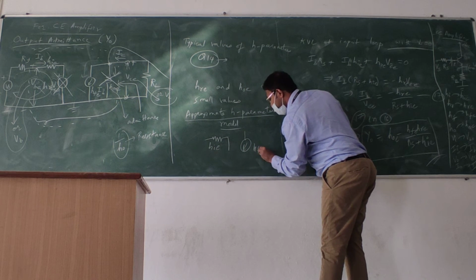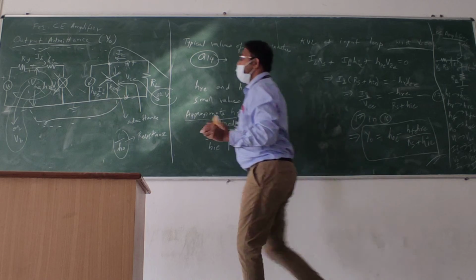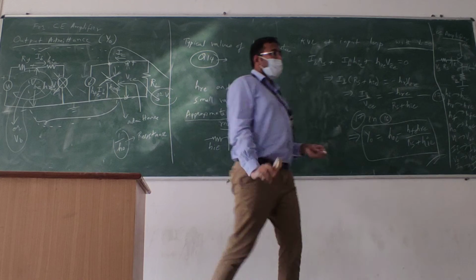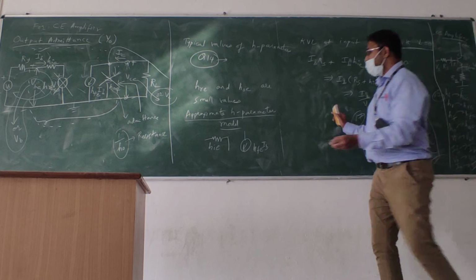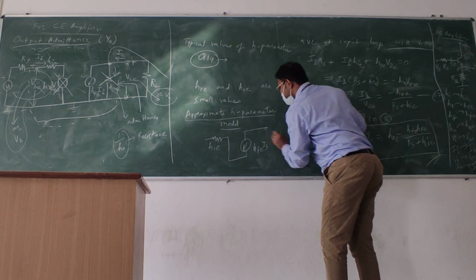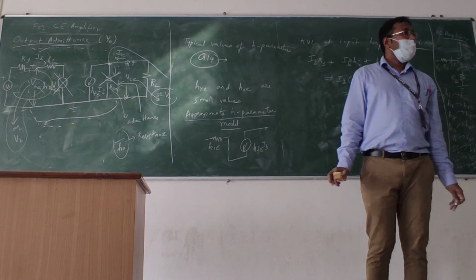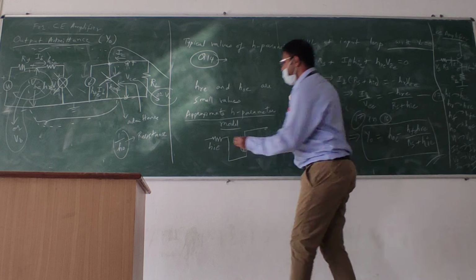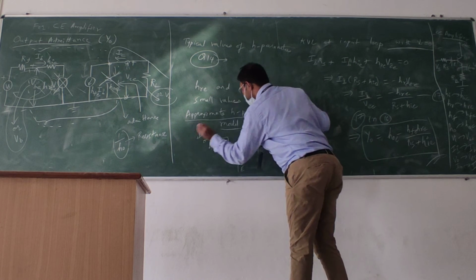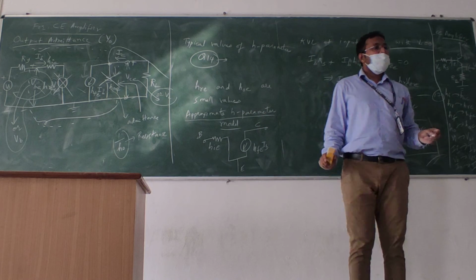HFE IB. Only these: HIE, HFE IB. These two are gone. Clear? So this is the approximate model of the transistor. Obviously, this one is emitter, this is base, this is collector.